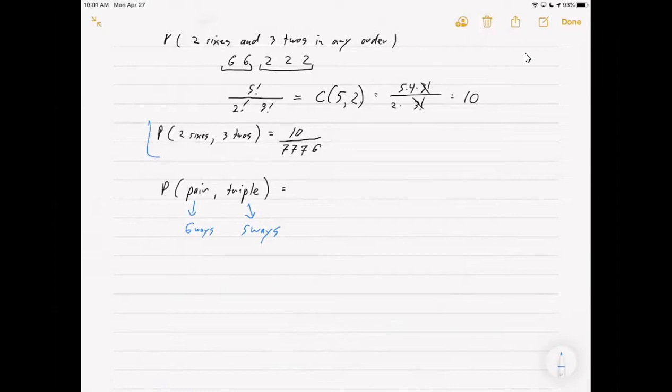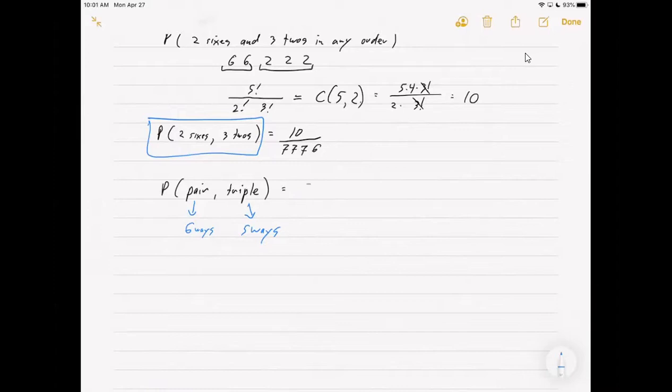So we had a specific answer here where we were specifically getting a pair of 6s and then a triple of 2s, but it could have been a pair of anything. And then once we established what the pair was, there were 5 other triples left.